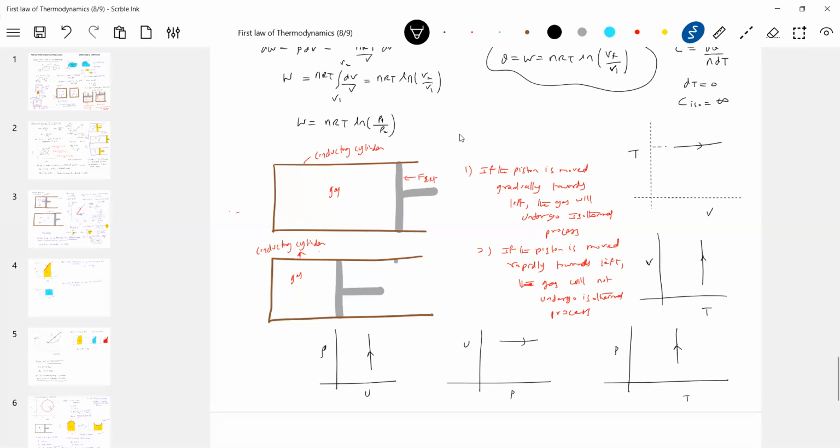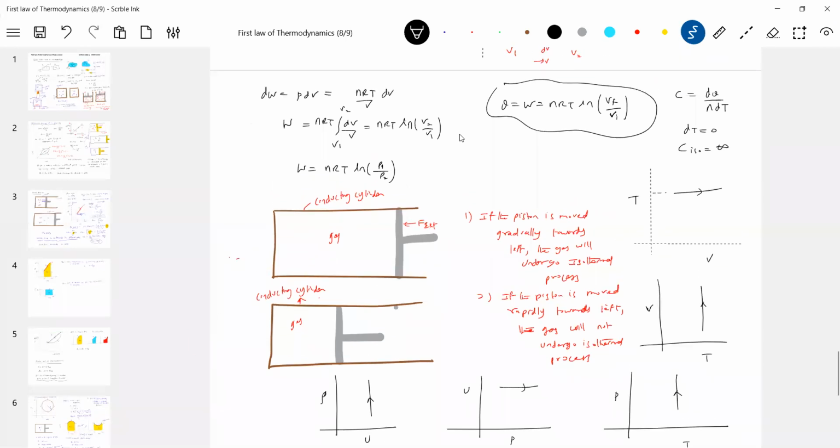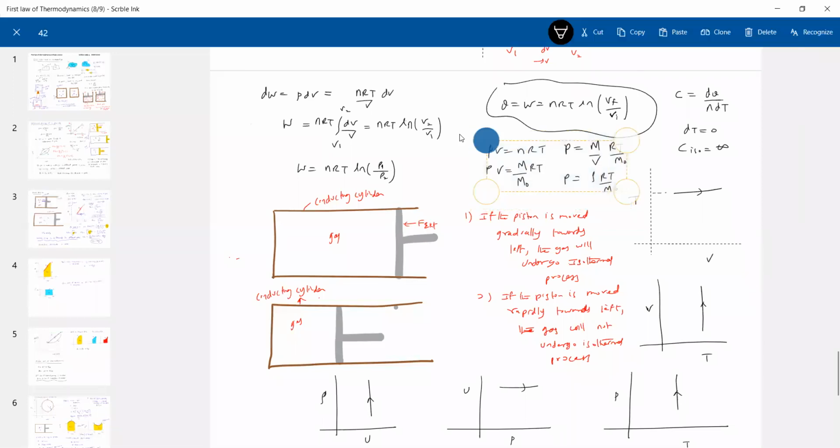What about the pressure, volume, density, how are they related? Let's see that one more. PV equals nRT, where n is mass of gas by molecular mass. Further, P equals mRT by V m naught. Now, mass by volume will become density.